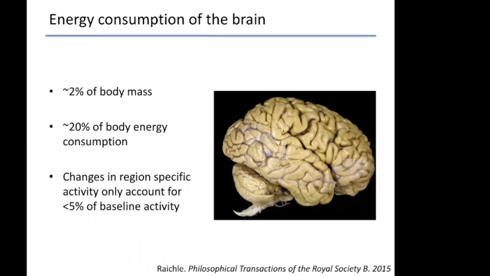If you look at the trade-off, it makes up about 2% of body mass in a human body, but accounts for approximately 20% of the body's energy consumption, and the little fluctuations that account for functional activations that allow us to do tasks and access memories only account for less than 5% of the baseline activity in any brain region.